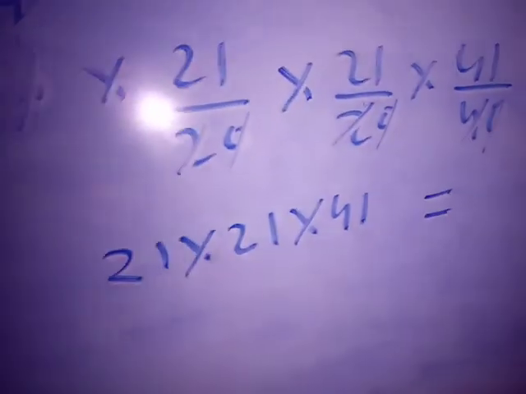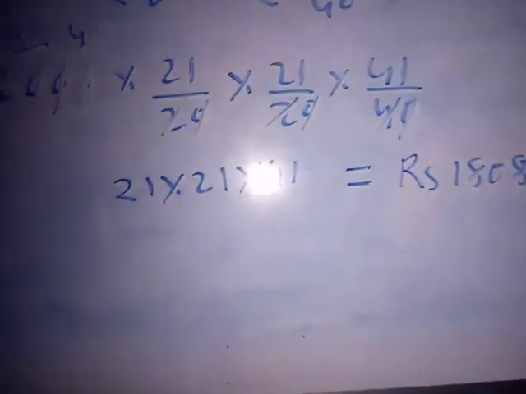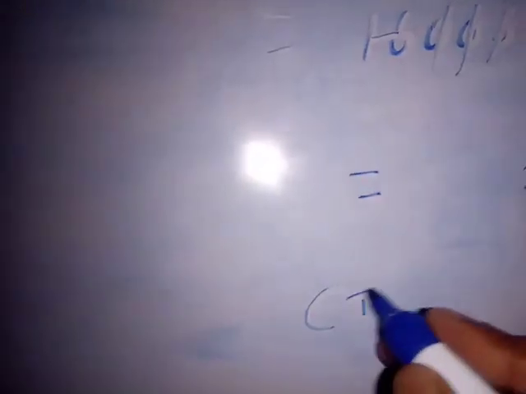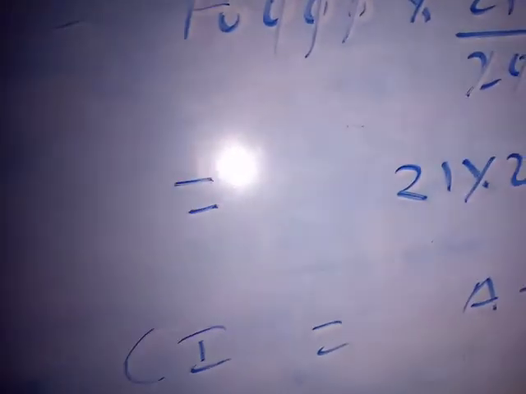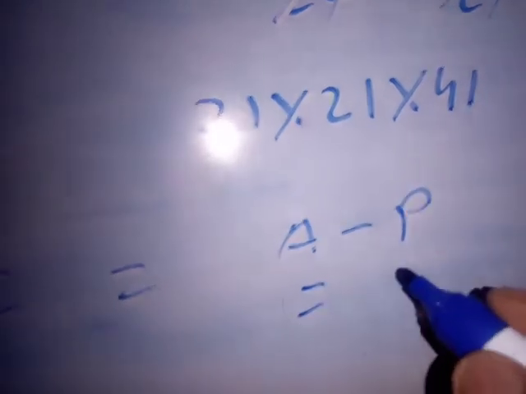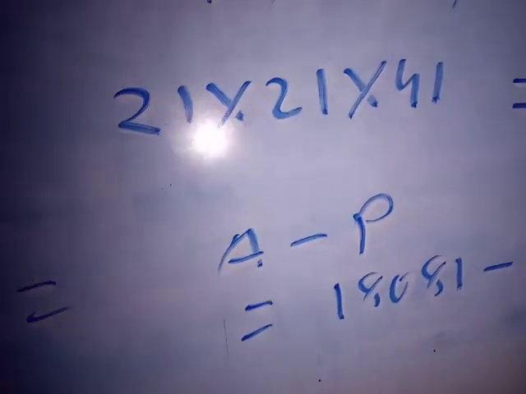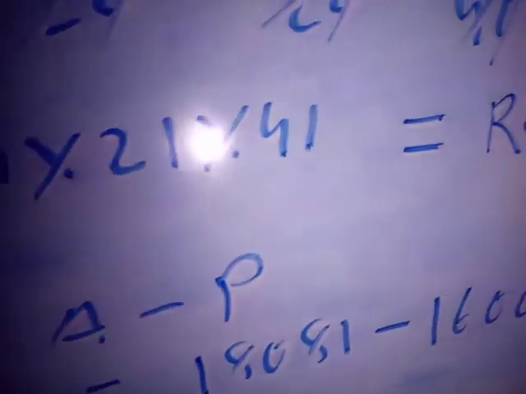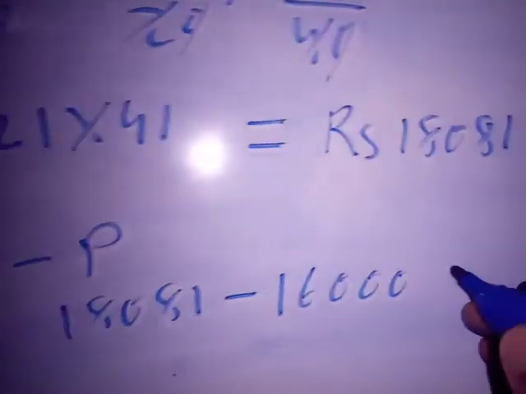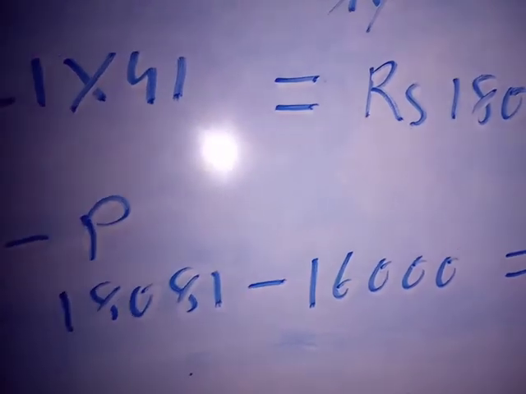Total it is rupees 18081. So this is the amount. Therefore CI equals A minus P. That means 18081 minus 16,000, that is 2081.